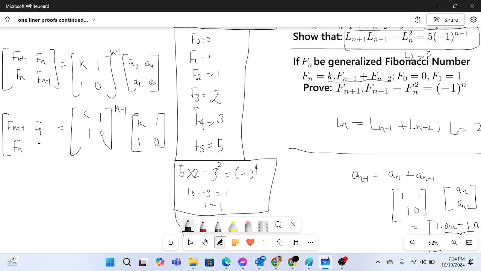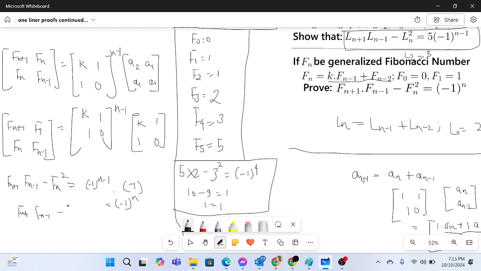Now if I take determinant on both sides, that will just give me f(n+1) f(n-1) minus f(n) squared. This will just be minus k... minus 1 to the power n minus 1 times this, which is minus 1. So that gives me minus 1 to the power n. So yeah, we proved this for generalized Fibonacci numbers.